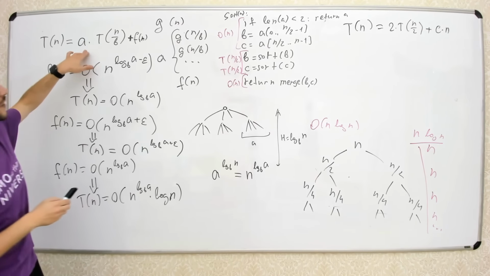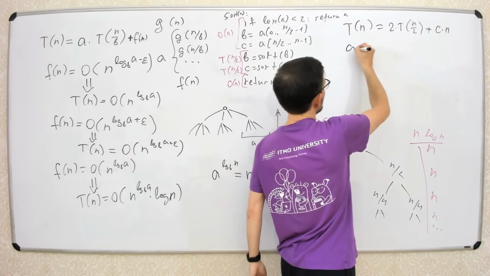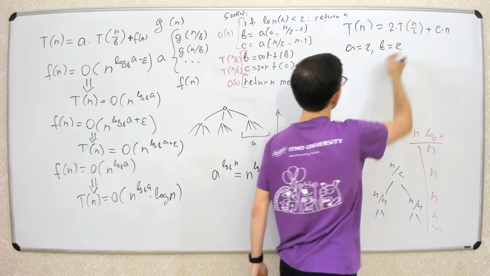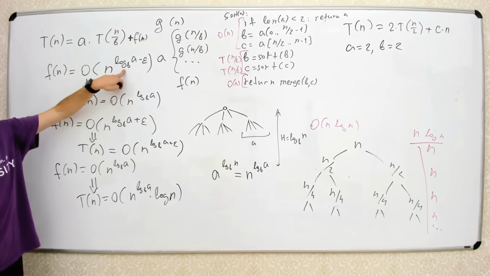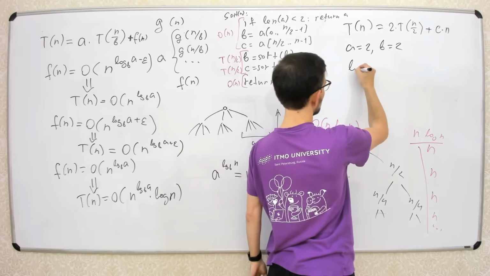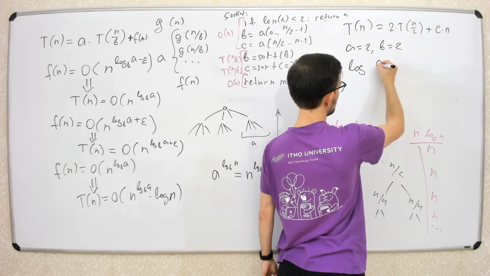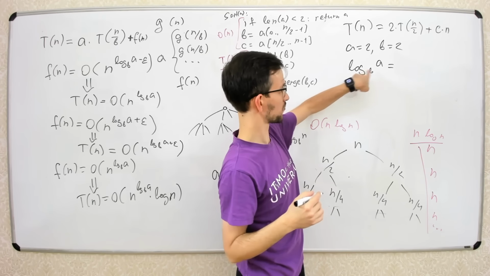You have a function like this with a equal to 2 and b equal to 2. So we have n to the power of logarithm of a base b. The logarithm of a base b equals 1, because it's logarithm of 2 base 2.